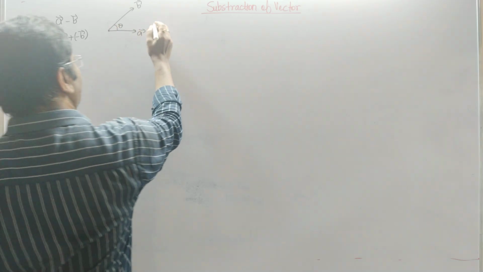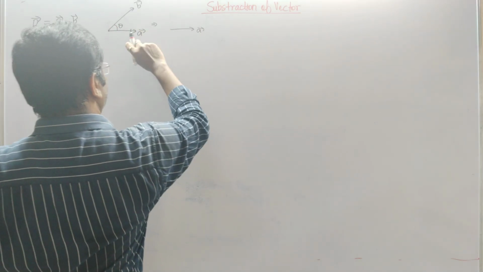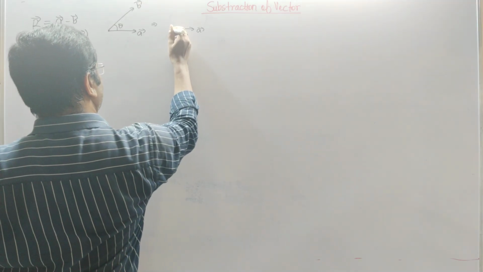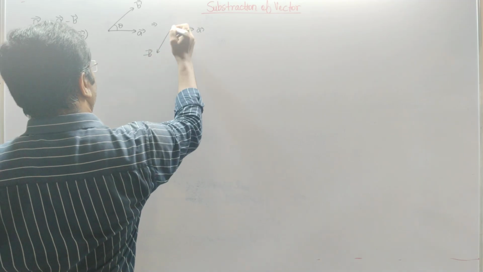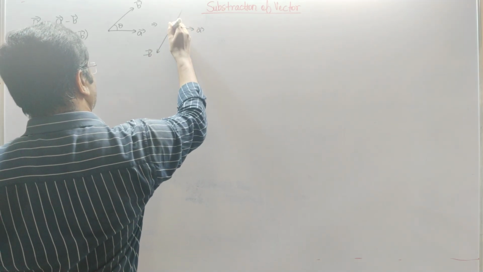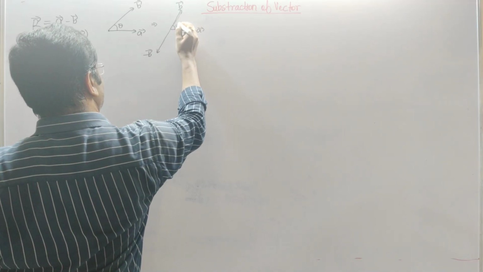So this one I will modify a little bit. What will I do here? Vector A will remain vector A. This vector B will be in the opposite direction. So we can write here this is minus vector B. Initially this A was like this, this B was like this, making angle theta.